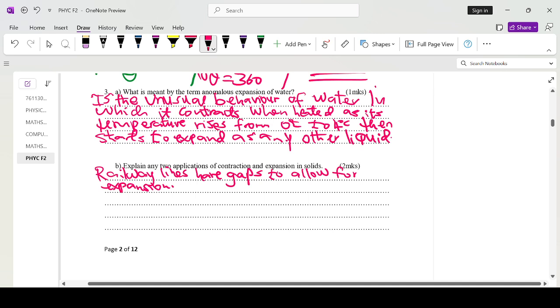Another thing that we can talk of is the pipes carrying steam. You will find them fitted with loops.